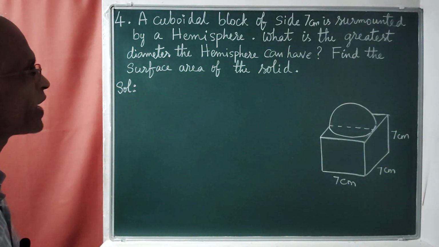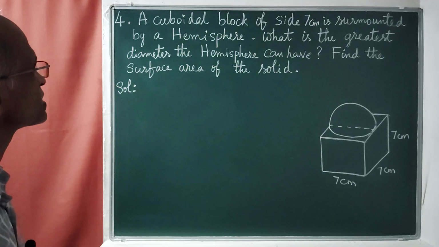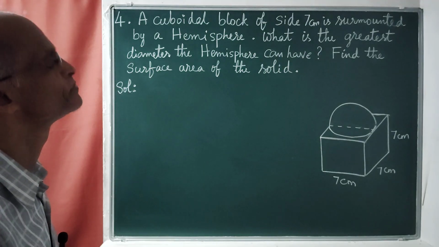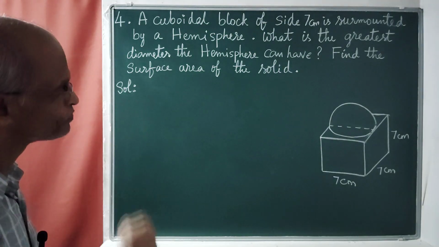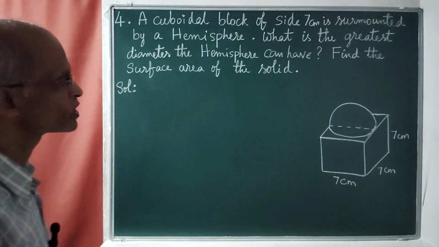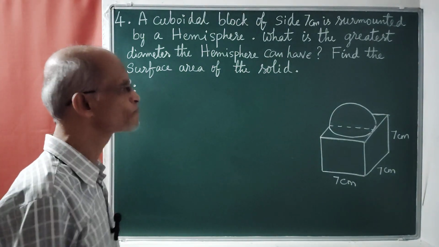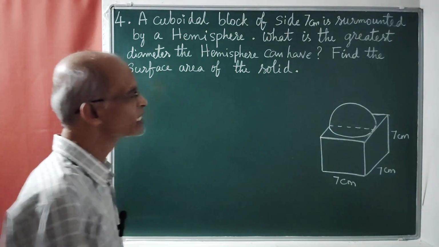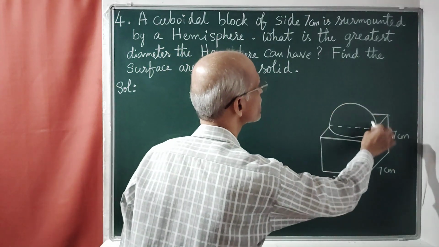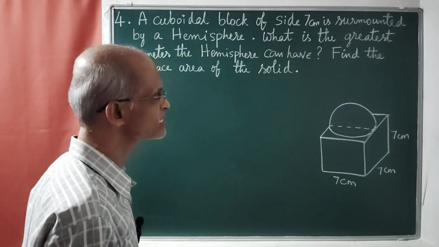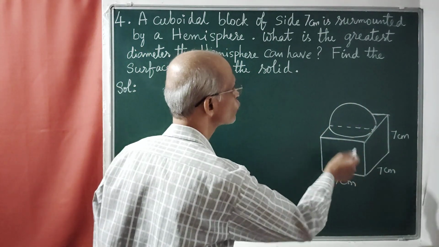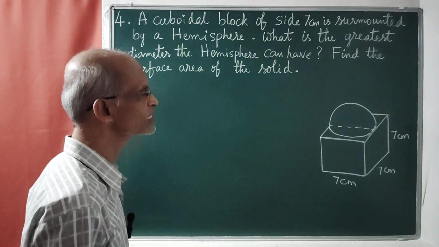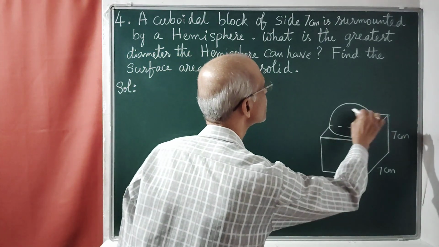Next, they are asking to find the surface area of the solid. So the surface area of the solid will be CSA of the hemisphere plus TSA of the cube minus the area of the circle.